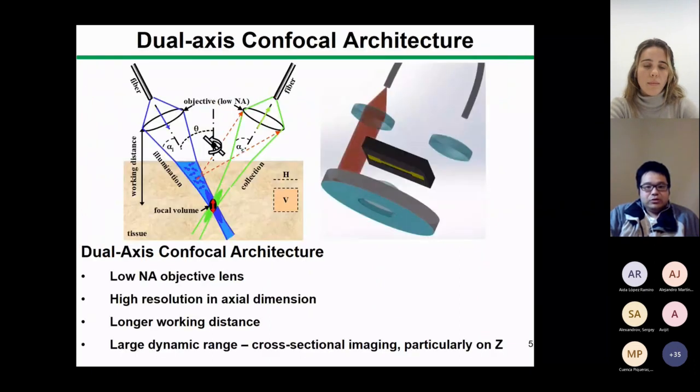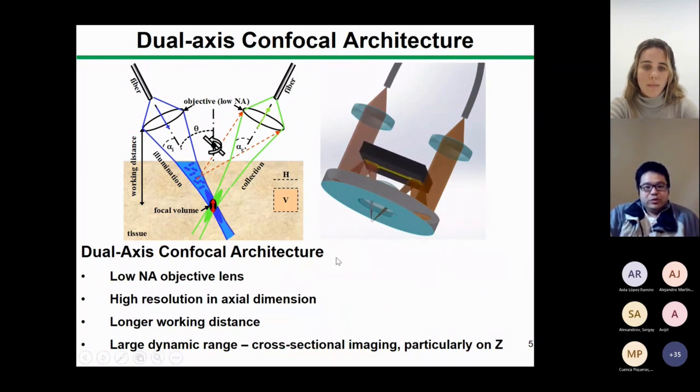I'm going to introduce the architecture of the confocal. It's quite similar to the architecture widely used in light sheet right now. We started this MEMS-based endoscope with this architecture for cross-sectional imaging.